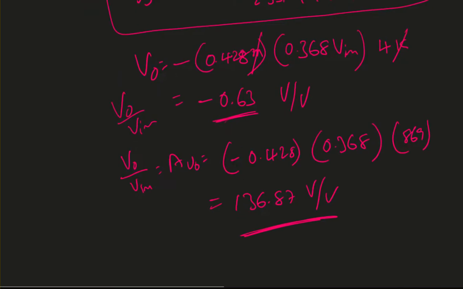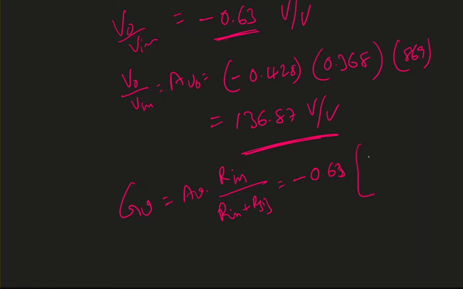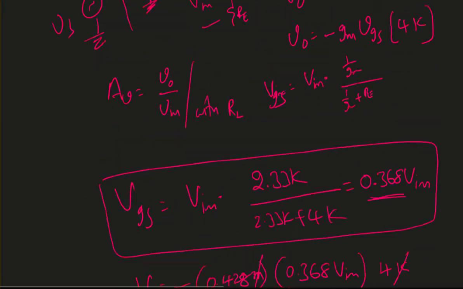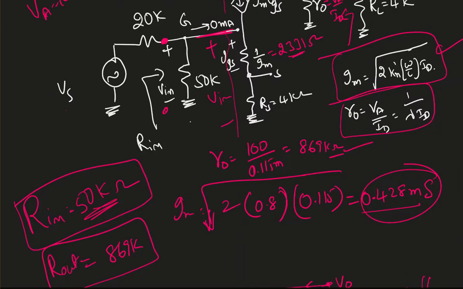Now the overall gain GV is nothing but the overall gain AV times R input over R input plus R sig. So AV I have minus 0.63. The input resistance we just found, that is 50 kilo ohm. Here is the input resistance, 50 kilo ohm.